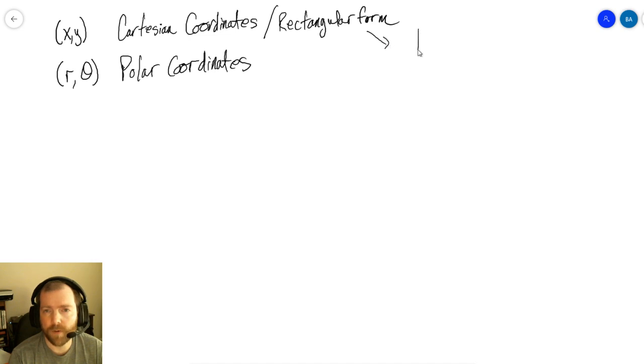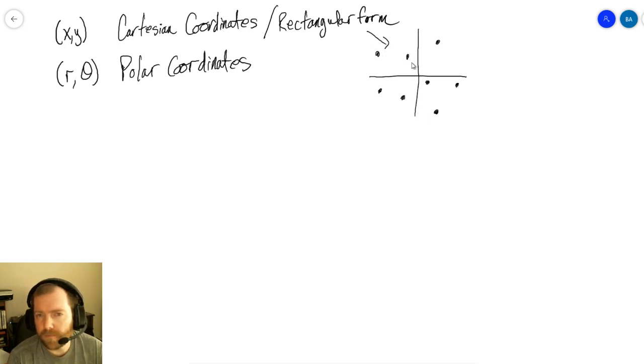With rectangular form, we get something that looks like this. You get points out in space, and all of their coordinates are named by using their x and y distances from the origin. This is our x distance here, this is our y distance here, and so this one is x comma y.